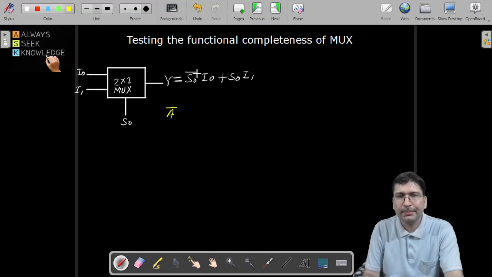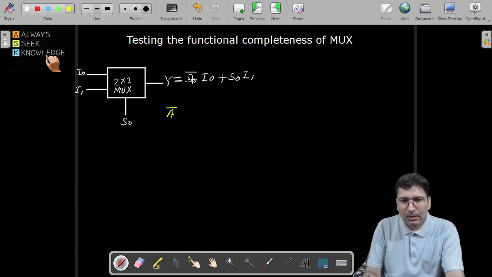If you want to get the complement of anything, we can get it with the help of S0 bar. That means A, which I want to complement, needs to be given by the select line. So if S0 is A, it will give you A bar. In case I want A bar in this format, how can I convert? I can write A bar dot 1.